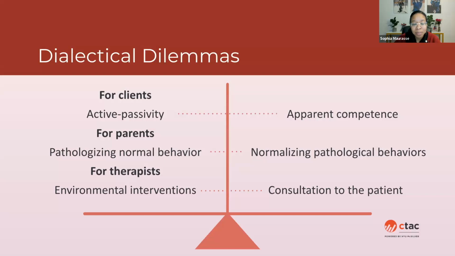Dialectical dilemmas that may appear for parents include pathologizing normal behavior versus normalizing pathological behaviors. So, for example, having a teenager who frequently isolates in their room. On the one hand, if this is part of a behavior that allows them to recharge after school, that allows them to take some time for themselves before rejoining the family, this is normal behavior, especially during a time where teenagers are spreading their wings, becoming much more independent, taking time out for themselves.